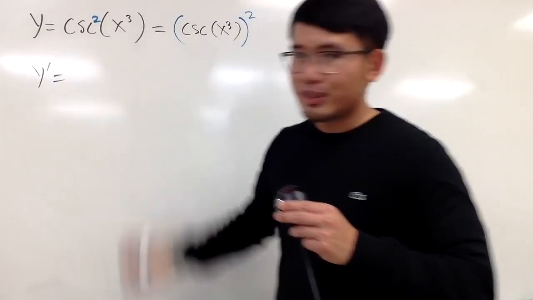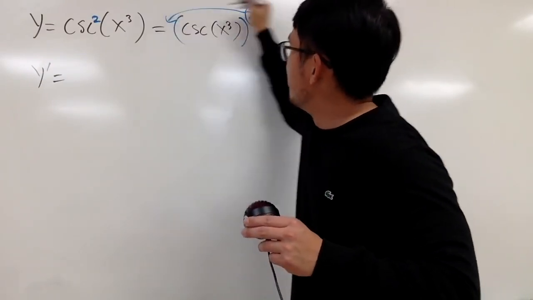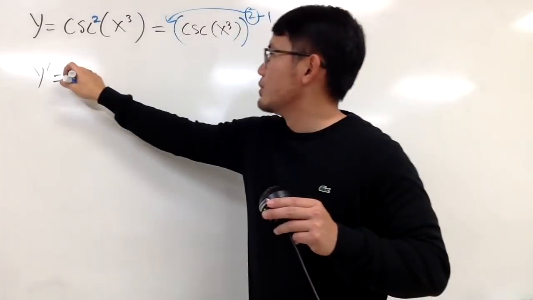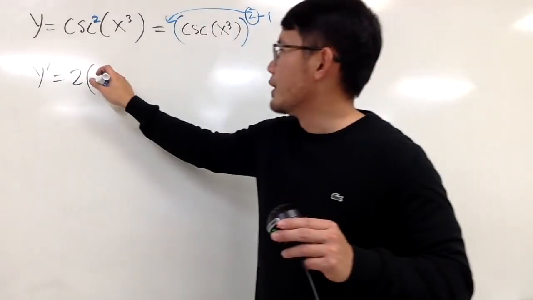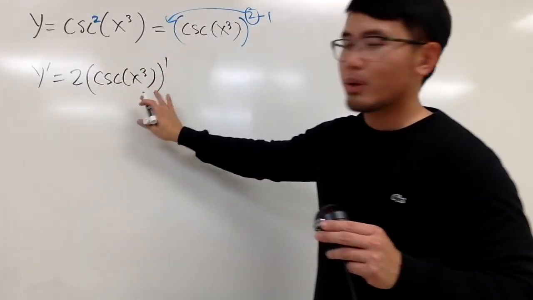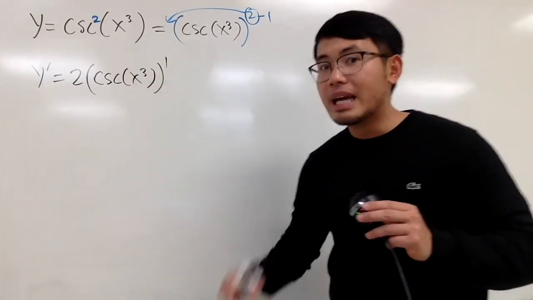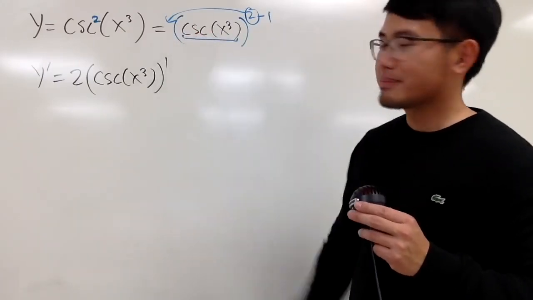Differentiation in action. First, you bring the 2 to the front and then minus 1. So you get 2 times this stays. So you write down cosecant of x to the third power to the first power, right? It stays. And then the chain rule says we are going to multiply by the derivative of the inside.